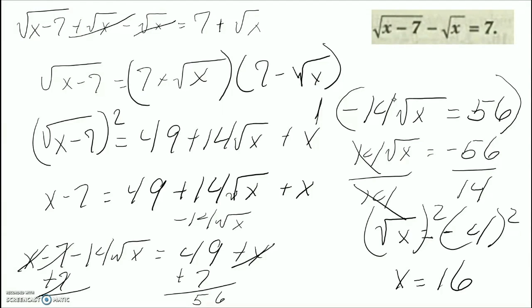So let's plug our answer into our equation and see if it checks out. The square root of x minus 7 minus the square root of x equals 7. Again, x is equal to 16 according to what we did.